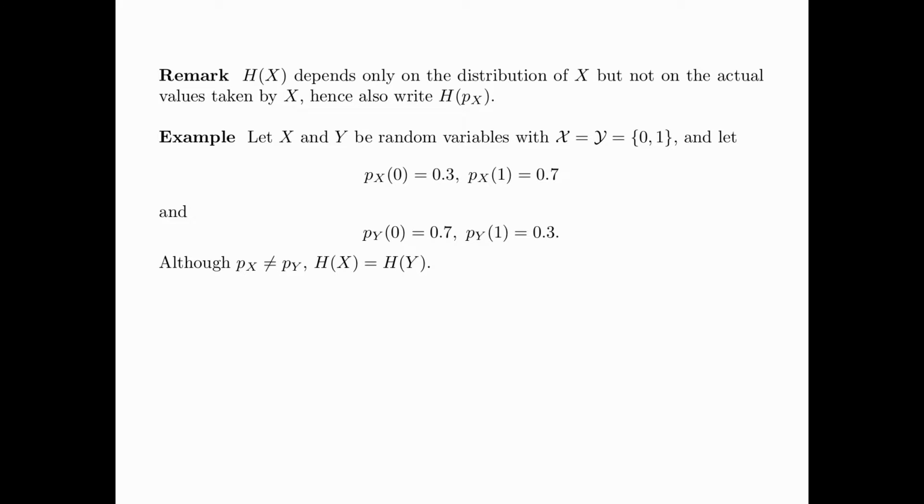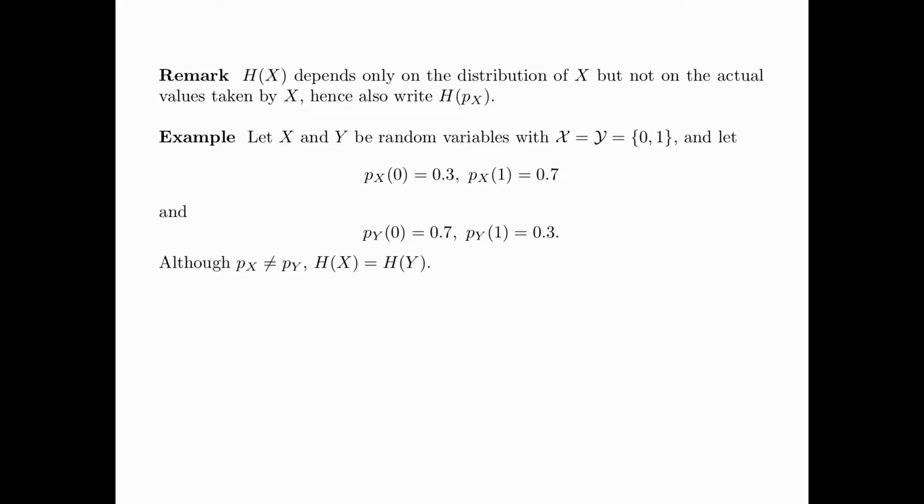Here's a remark. The entropy of X depends only on the distribution of the random variable X, but not on the actual values taken by X. Hence, it is also written as the entropy of the probability distribution p_X. Here's an example.